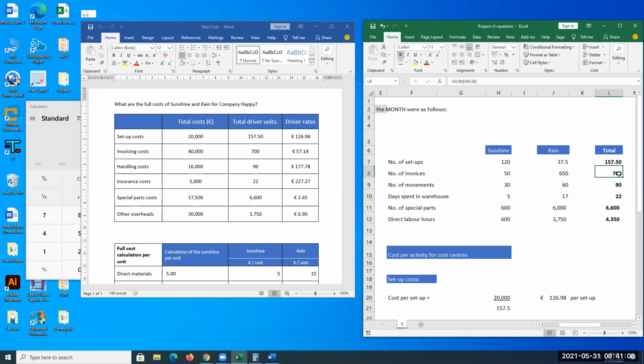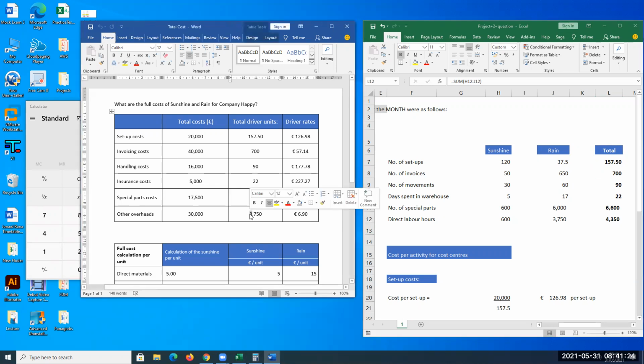So the total 700, number of movements 90, 22, 6,600, and okay, this figure is wrong. This figure should be 4,000. This figure should be 4,300, 350.